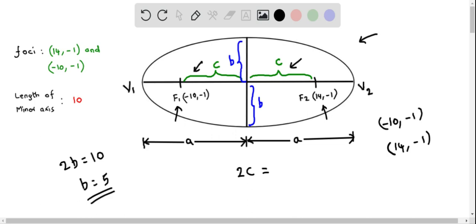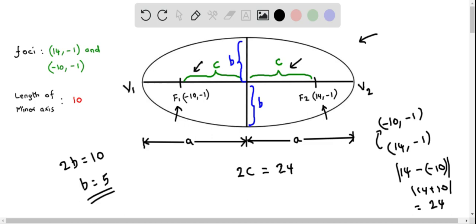Since the vertical coordinates are the same, we can simply find the absolute difference between these two x values. That is, we find 14 minus negative 10 and take its absolute value. This gives the distance. So this equals 14 plus 10, whose absolute value is 24. So we see that the distance between the two foci is 24.